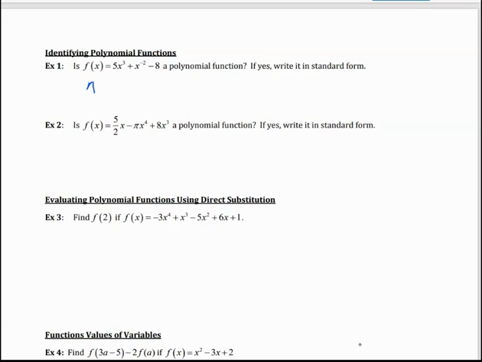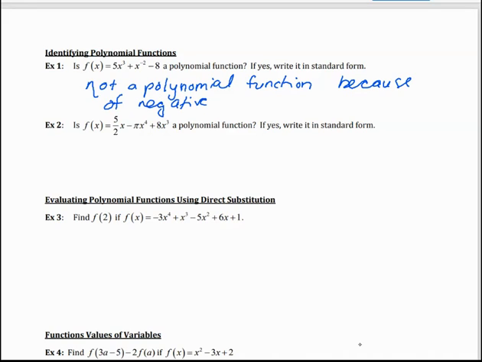So this is not a polynomial function because of the negative exponent. Okay, you try number 2. And if it is a polynomial function, make sure you write it in standard form.